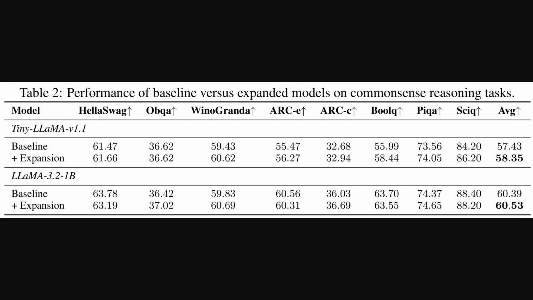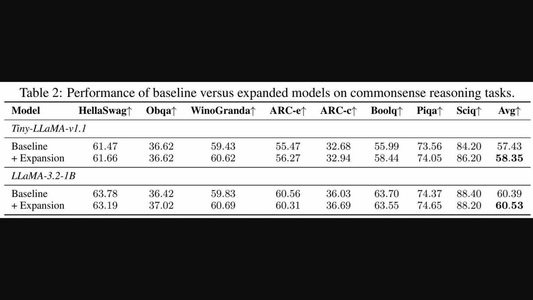Okay, so Table 2 then really drives home one of the big advantages discussed, progressive scaling. Progressive scaling, or chain expansion, is this idea of incrementally making models bigger and better by adding new chains to already trained ones. You can see here for both Tiny LLAMA and Llama 3.2 1B, when they add an expansion, essentially more chains, the average performance on these common sense reasoning tasks goes up.